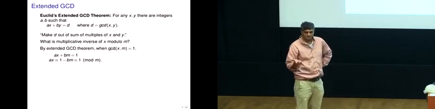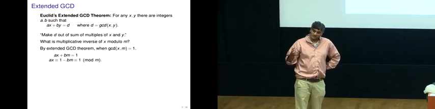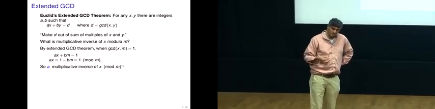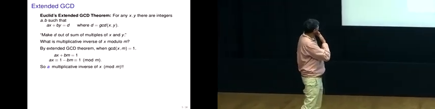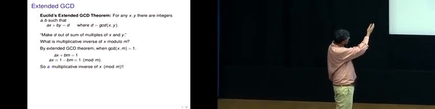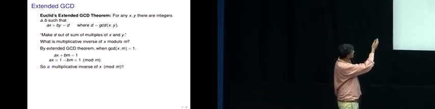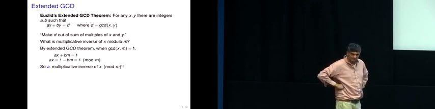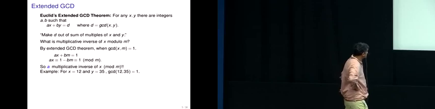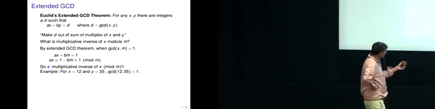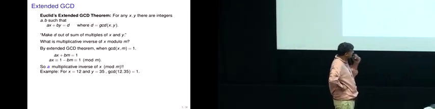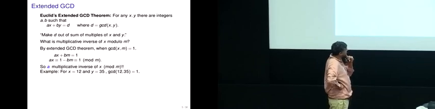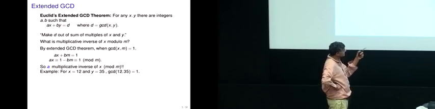B times m mod m is 0. So we have something, a, that when you multiply by x, you get 1. So that something must be the multiplicative inverse of x, by definition. For x equals 12 and y equals 35, GCD of 12 and 35 is 1. Do you see how to add and subtract them to get 1?